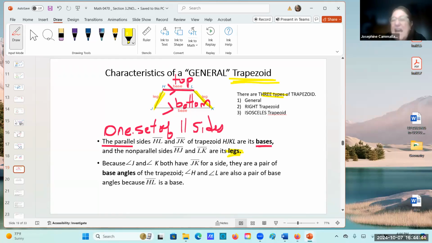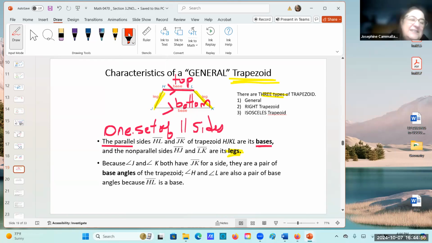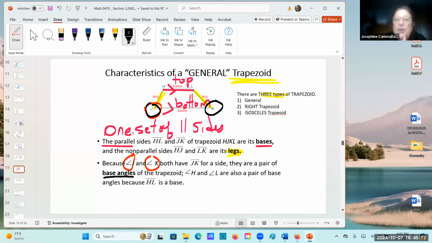Now, angle J and angle K are known as base angles for the base, or segment JK.